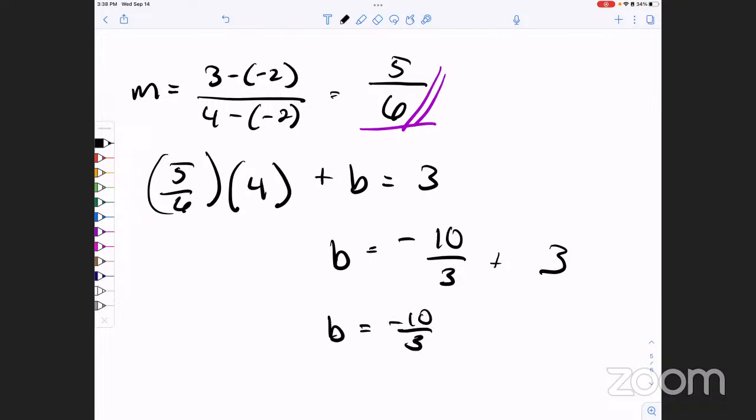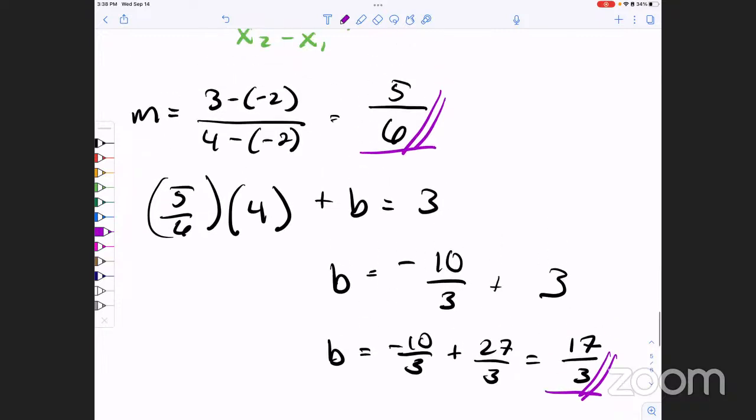And then it looks like that boils down to 17 over 3. Okay. We can check it before we submit it.